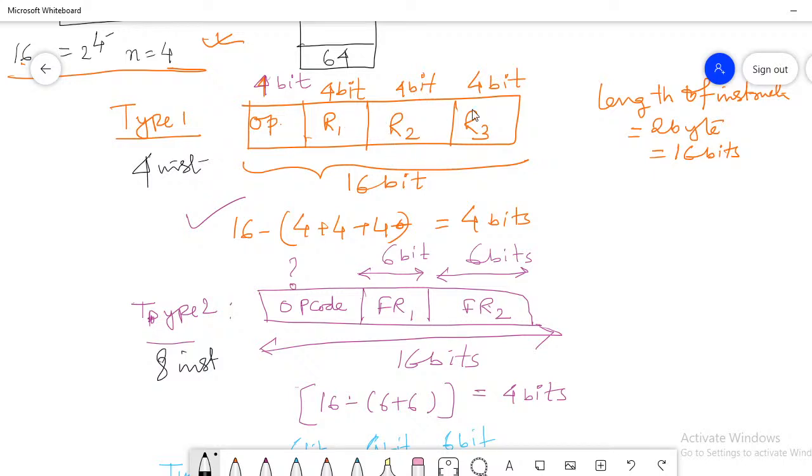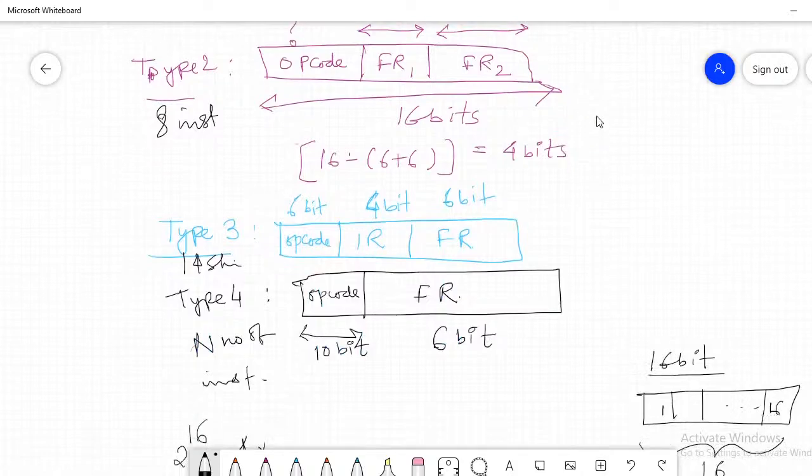For each of that you have another 2 to the power 4 possible ways. So for each instruction, how many possible combinations of bits? 2 to the power 4. For each of those, how many possible combinations for R2? Again 2 to the power 4, and for each of that another 2 to the power 4.